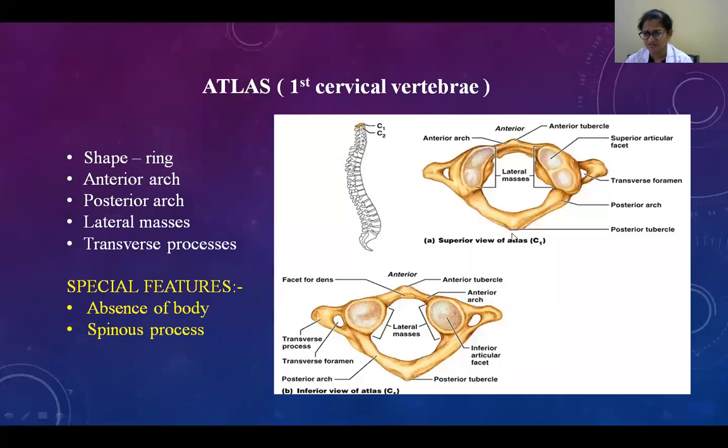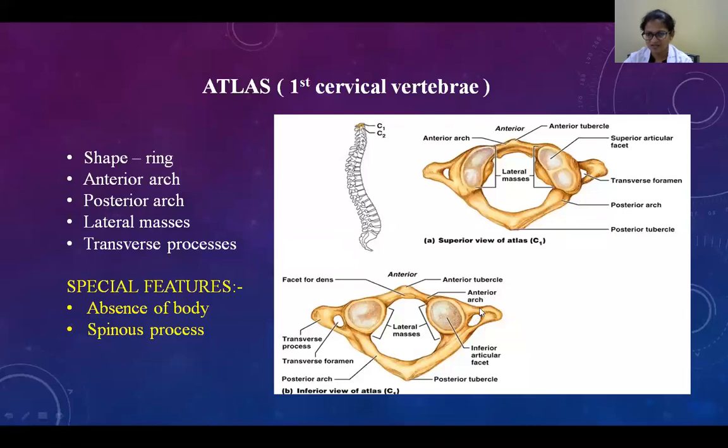On the posterior border there is an elevation called the posterior tubercle, which gives attachment for the ligamentum nuchae.